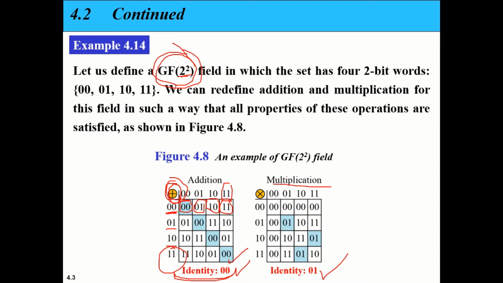So keep in mind that when you are adding similar values, the result will be 0. This is the XOR operation, which I also told you in the previous class, while using field, जब हमने दो values का एक field बनाया था, and I told you that addition operation is equivalent to XOR operation, and multiplication operation is equivalent to AND operation.